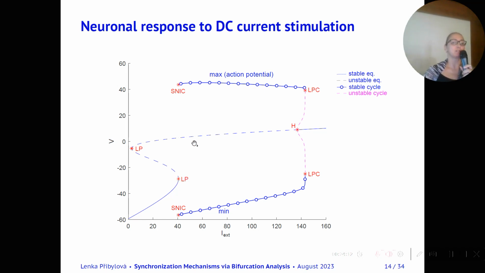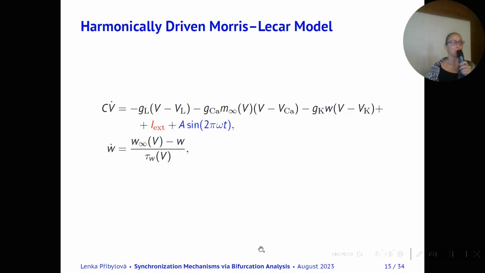But when you cross this threshold value, this part till this, again, another threshold value called limit point of cycle value, this is the folded manifold of the cycles. So in this area between 40 and around 140, there exists tonic spiking. That means that the dynamics is simply spiking in some natural frequency. And the question is, what happens when some other neuron is nearby spiking?